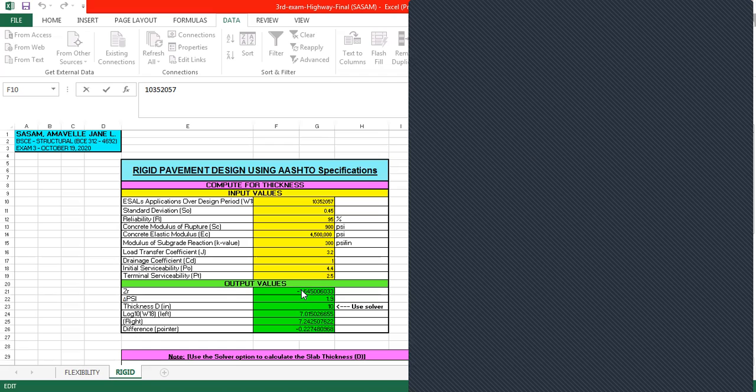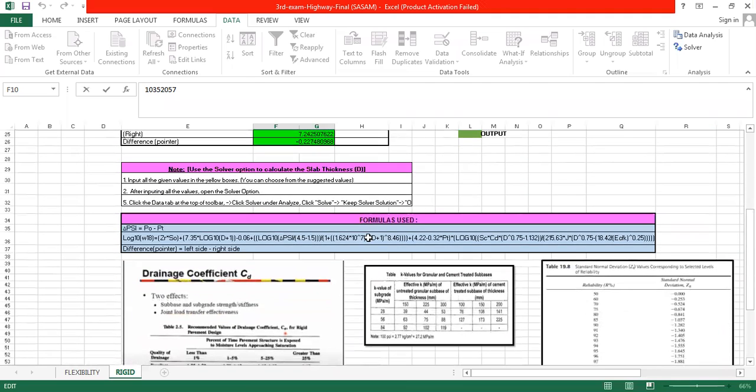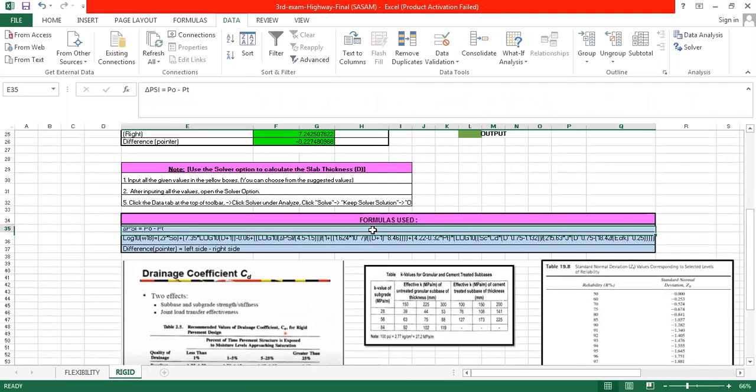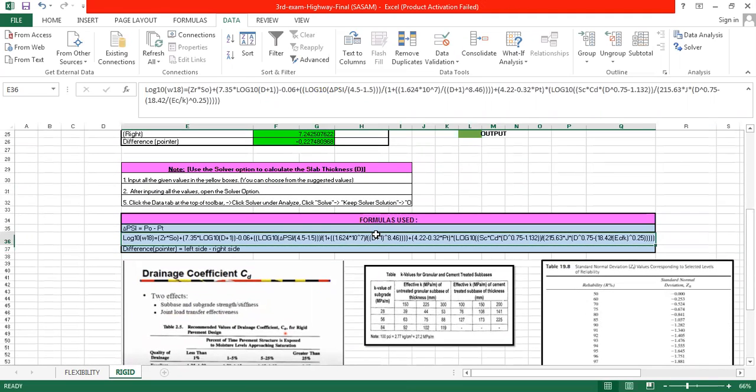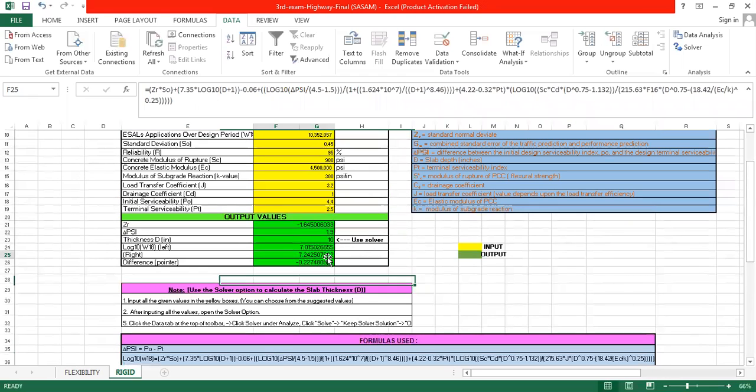So to compute for the following values, we need to use this formula here. Then it will apply to the log 10 here.